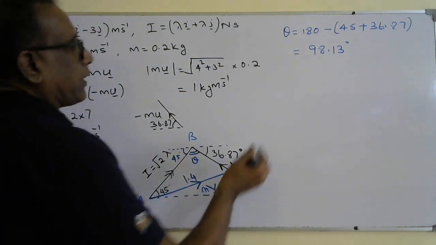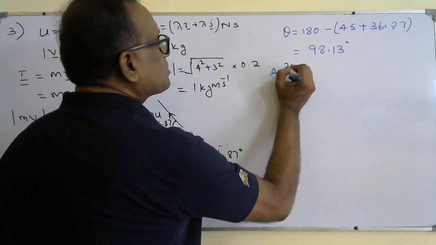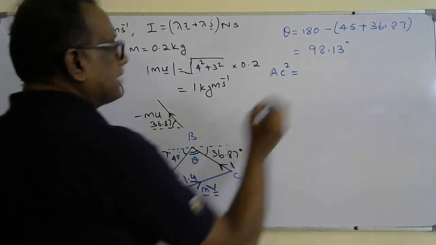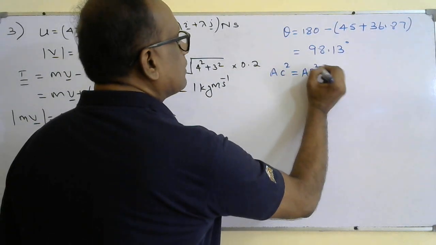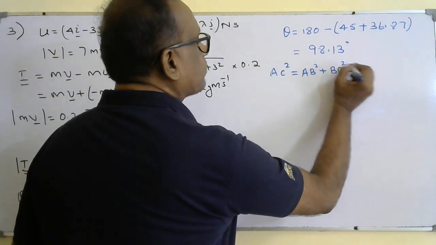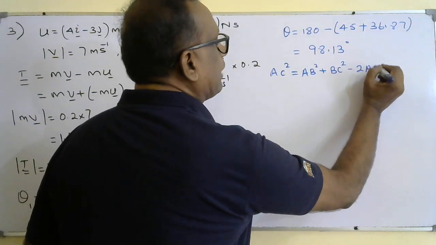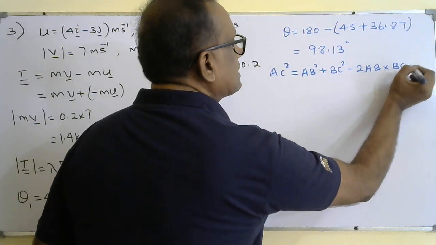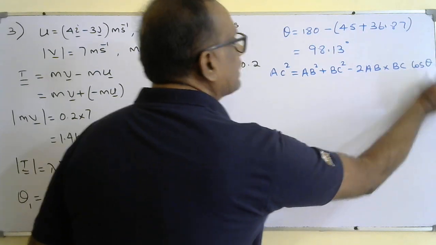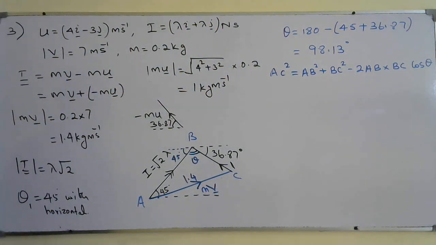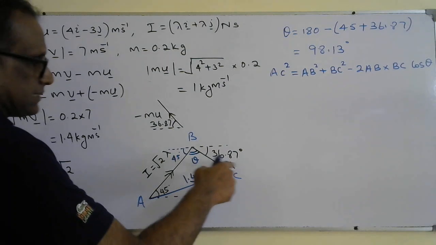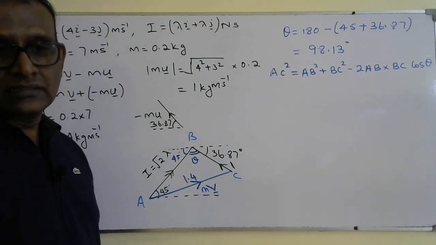So AC squared is equal to AB squared plus BC squared minus 2 AB into BC cos theta. Is it? The cosine rule we can use for the triangle ABC. It's a vector triangle.